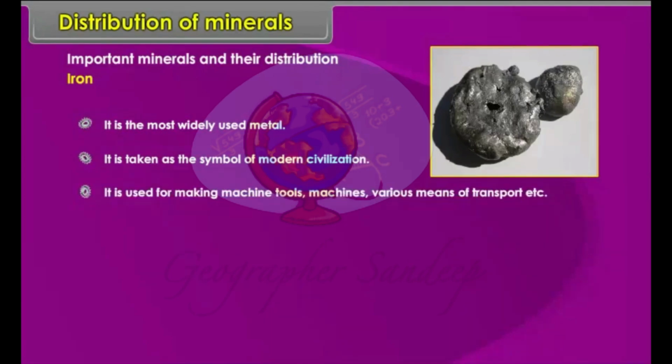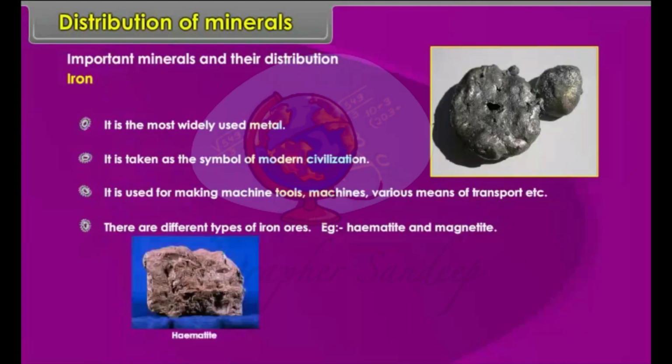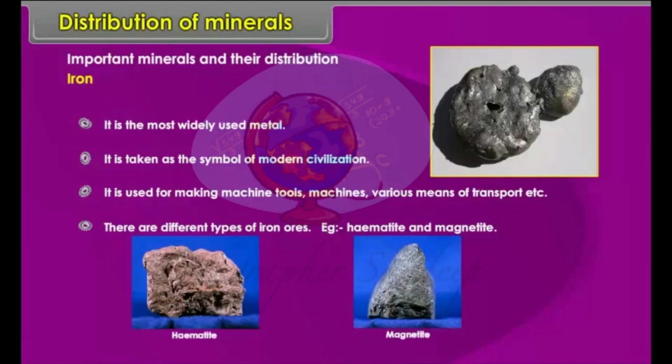It is used for making machine tools, machines, various means of transport, etc. There are different types of iron ores. Example, hematite and magnetite.